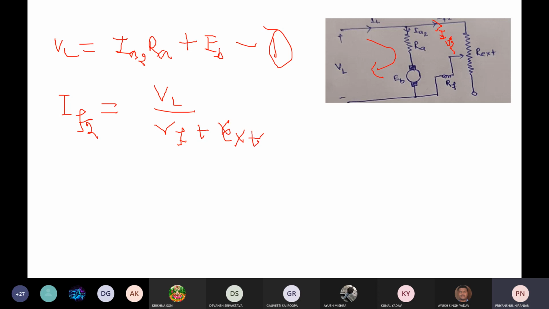So when we compare the original circuit, or compare between IF1 and IF2, what is the conclusion? Is IF1 greater than or less than? Greater than, sir. Which one, IF1 or IF2? IF1, sir.